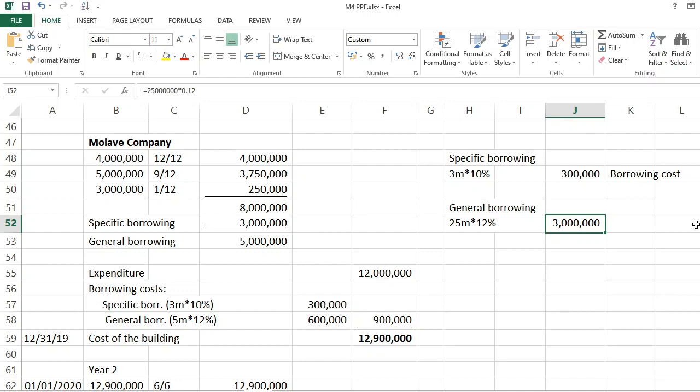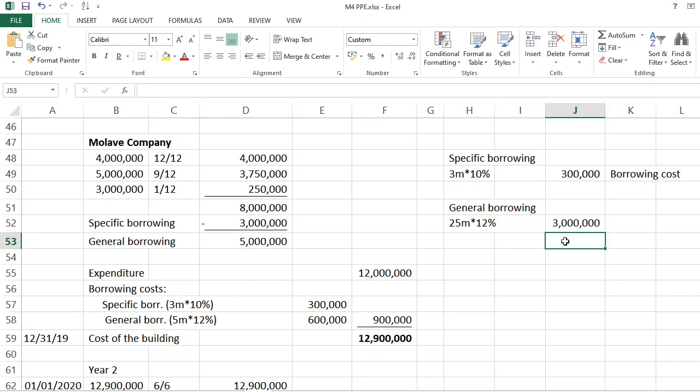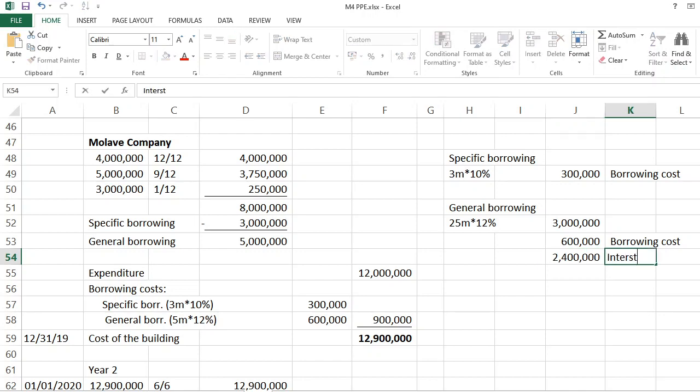So basically, ang nabilin, automatic yun siyang interest expense. Ang nagamit lang for the building is ito, the 600,000 or yung related lang sa building is only the 5 million. Ayan. So it's only 600,000 borrowing cost. Therefore, the balance of 2.4 is considered an interest expense.